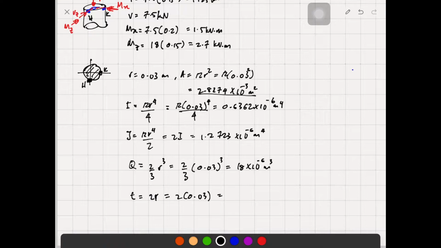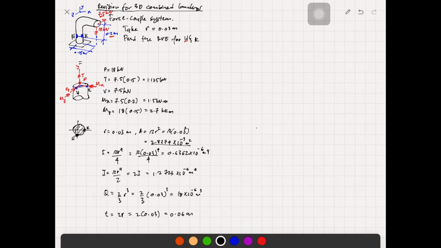It comes to 0.06 meter. So this section over here, we are looking at all the terms that we're going to use in the next solution, and my emphasis is I just want you to focus on this. You want to focus on the maximum.